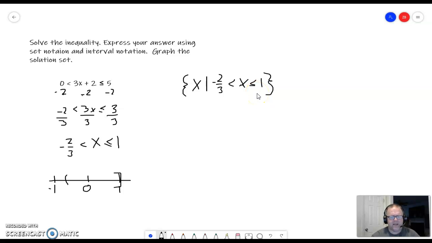Now that's kind of a lot of writing, so we're going to find the interval notation, which is going to be a little bit quicker. For interval notation, we start with the bottom number, which is the negative 2/3, and we see if we include it or not.